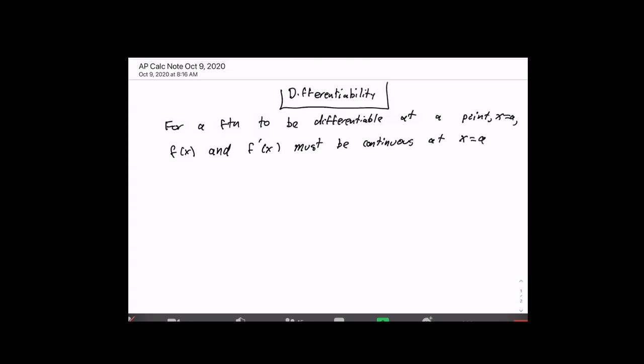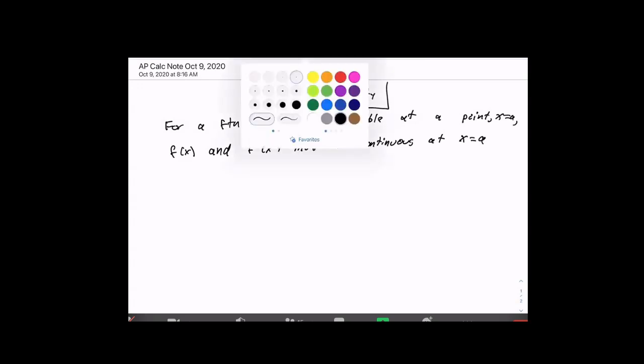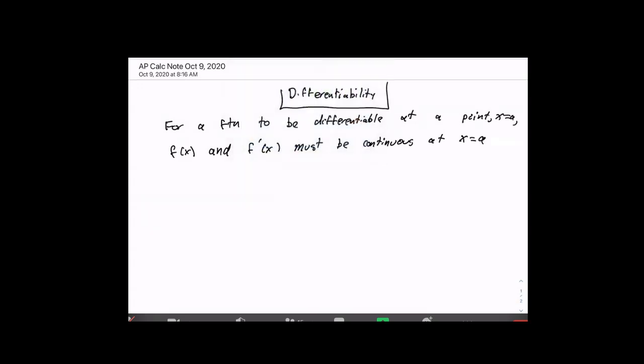So the function has to be continuous and the derivative has to be continuous. All right. And of course, you're probably wondering, wait, what does that mean?